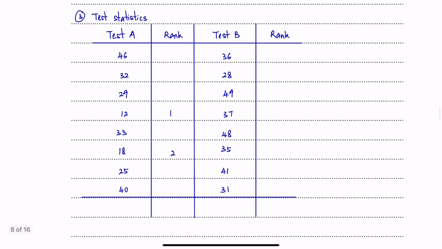Second would be 18, third is 25, fourth would be 28, fifth would be 29, sixth is 31, 7 would be 32, 8 would be 33, 9 would be 35, 10 would be 36, 11 is 37, 12 is 40, 13 is 41, 14 is 46, 15 is 48, and lastly 16 is 49.